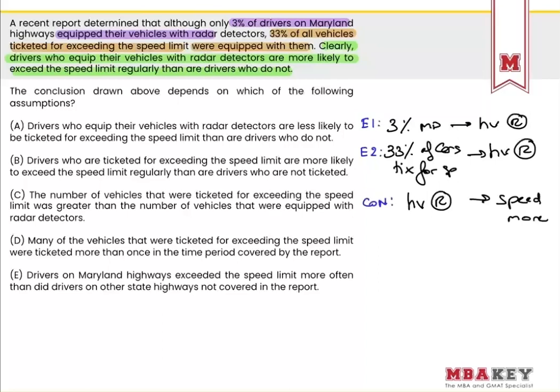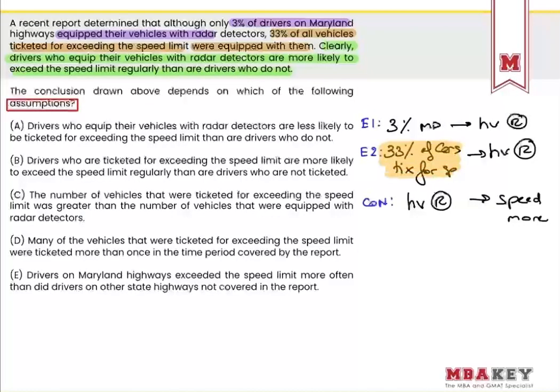This is the first time we're seeing this question together, but once you start learning, you're going to know that in an assumption question, one thing that you could do is to link which answer choice links the evidence to the conclusion. And let's look at it this way in logic form.